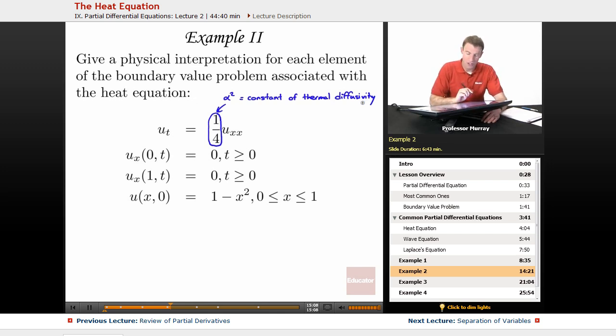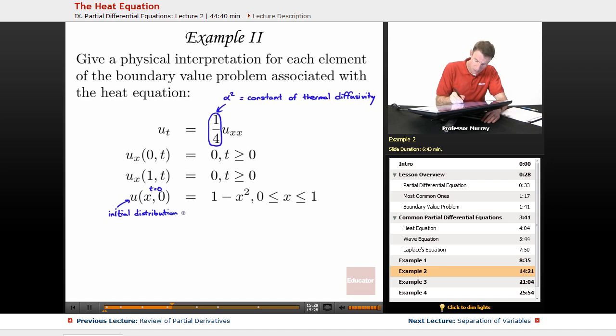And I switched these around a little bit. The u of x,0 means we've plugged in t equals 0. So that's the initial distribution of heat in the rod, or the initial temperature distribution in the rod.